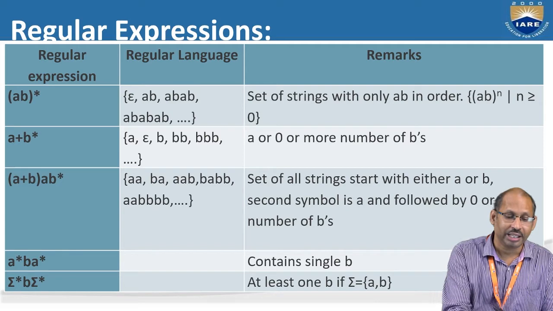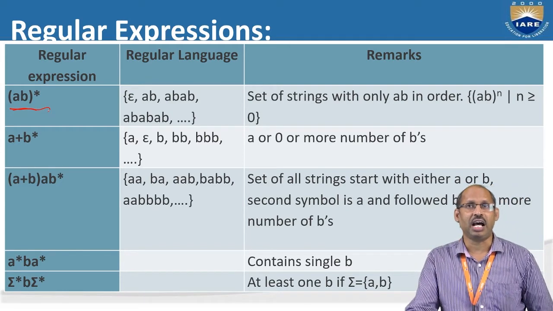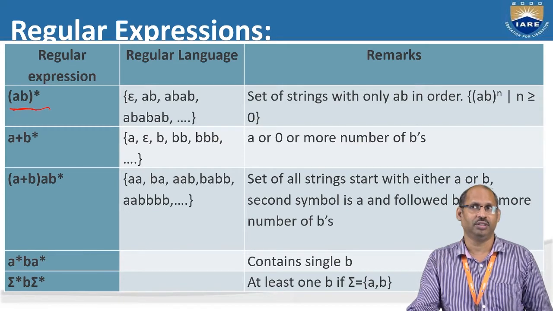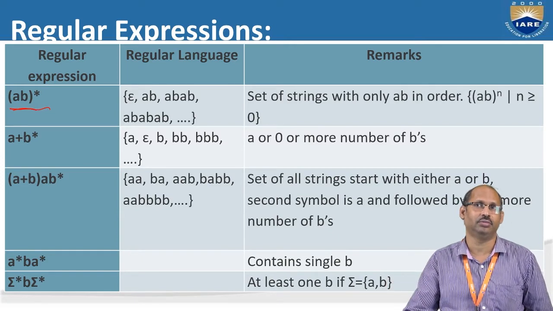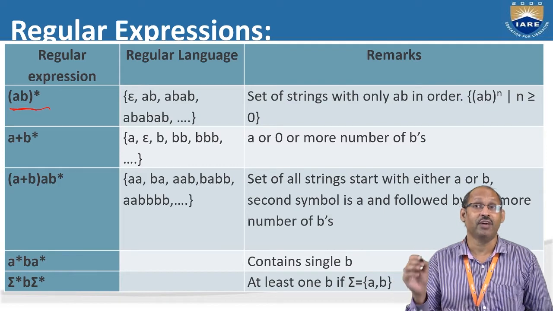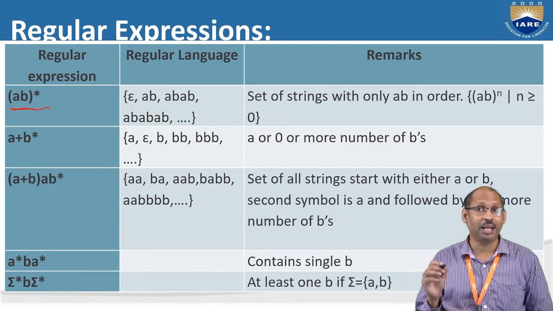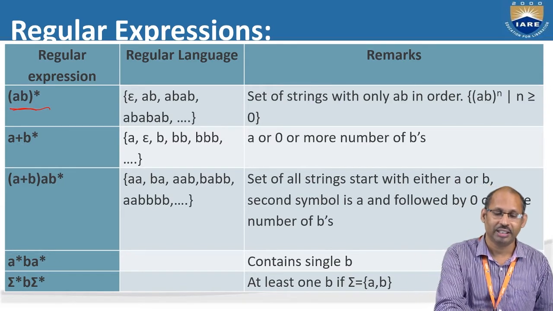Then AB star. AB star is a regular expression which consists of 0 or more occurrences of AB. Every time, if present, it must be AB.